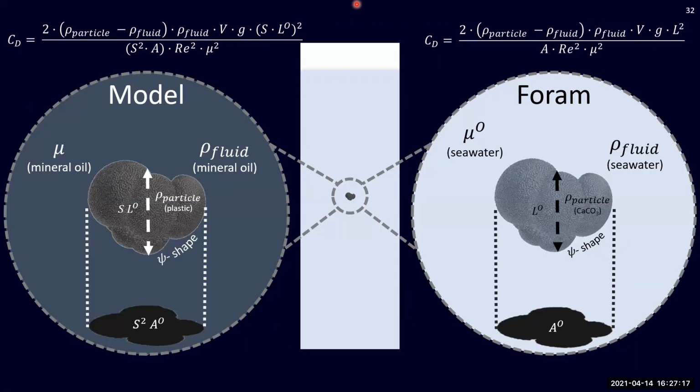And so in order to find the sinking speed in seawater, we can simply substitute the values from the sinking experiment into the equations for the real life scale, including the change in density and viscosity, and then numerically find a solution, which I did using MATLAB's fzero function.